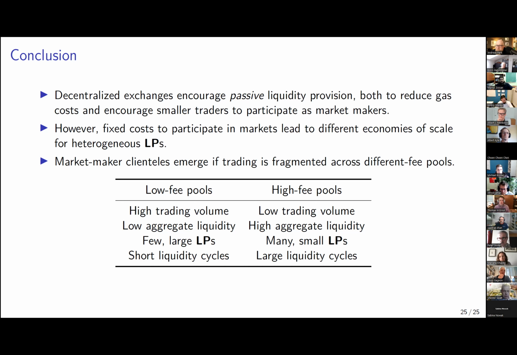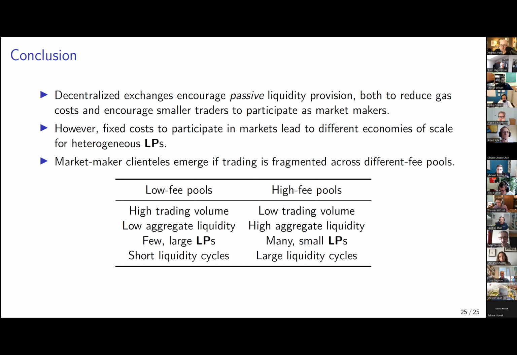It could encourage smaller traders to participate as market makers. So that's the promise. What we find is that the existence of these fixed costs in markets leads to different economies of scale for different types of liquidity providers, which actually means that smaller liquidity providers are, to some extent, not getting their fair share of trading volume.